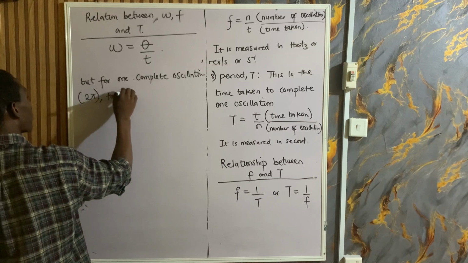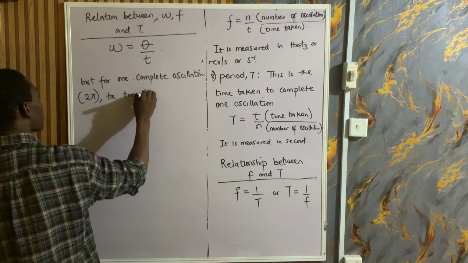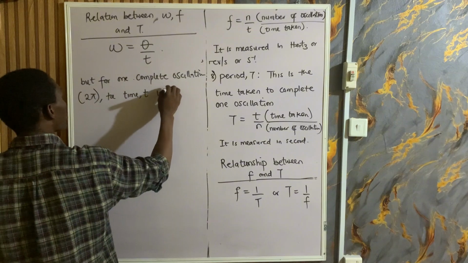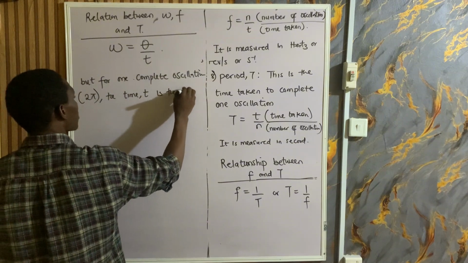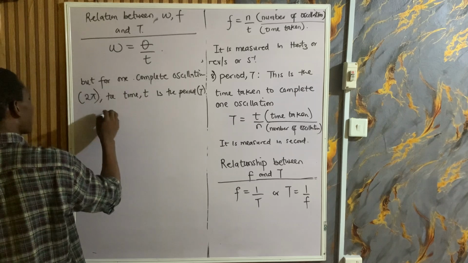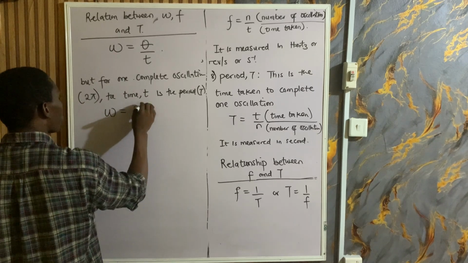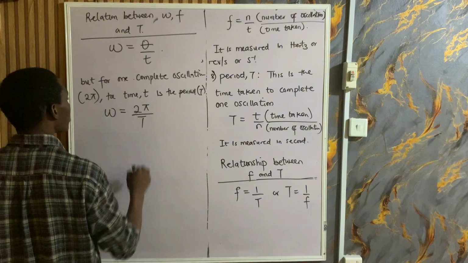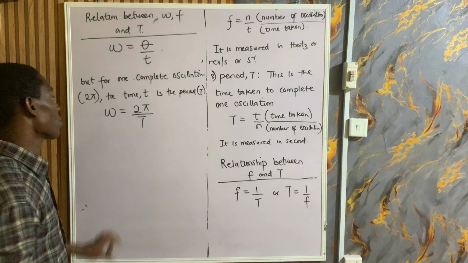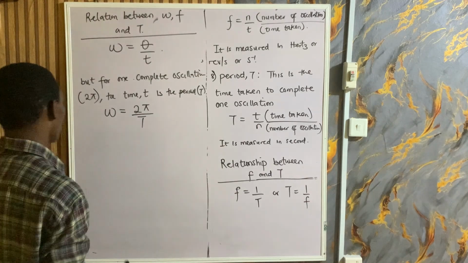The time is T, the period, which is capital T. So in that case, angular velocity will simply be 2 pi over T. So this gives the relationship between angular velocity and period.